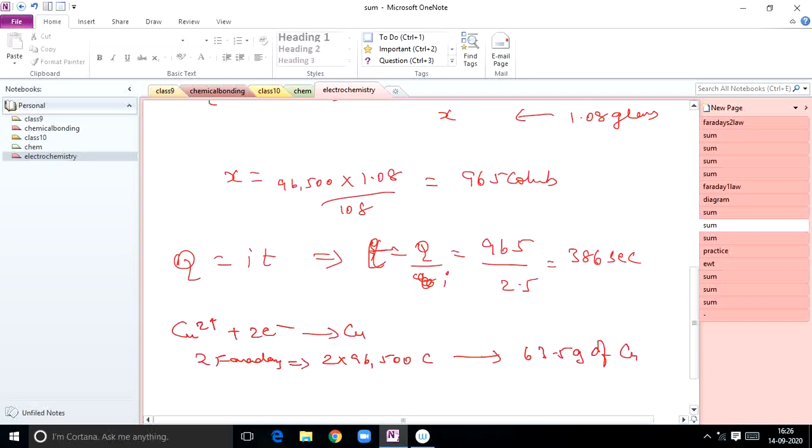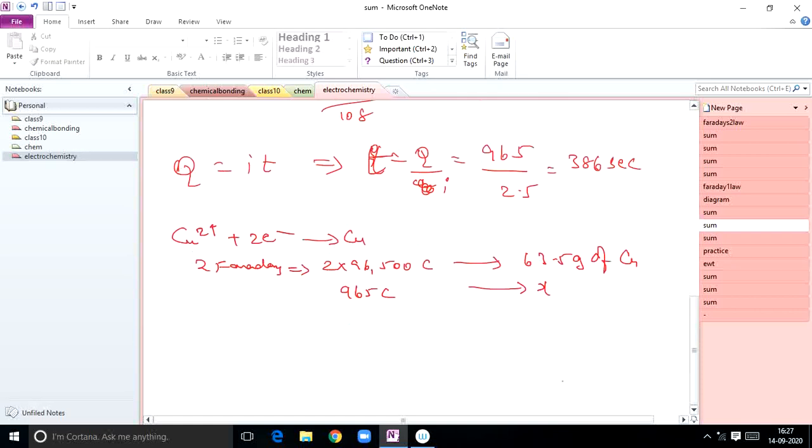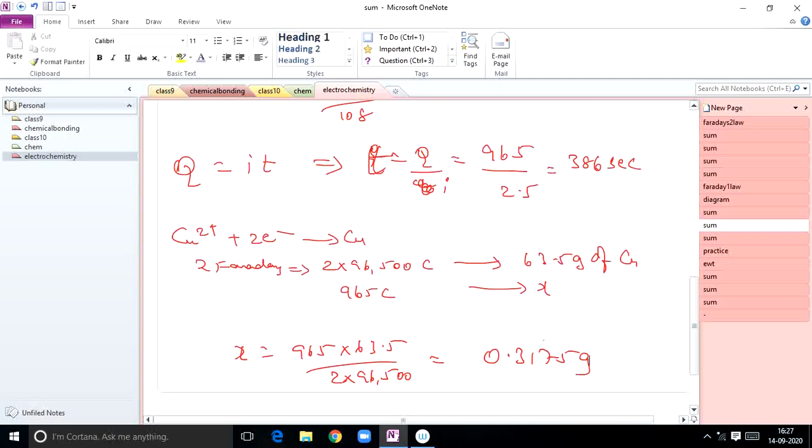Now, 965 coulombs, read the question properly, deposits how much copper? X. So X is 965 into 63.5 by 2 into 96,500. So you'll get 0.3175 grams.